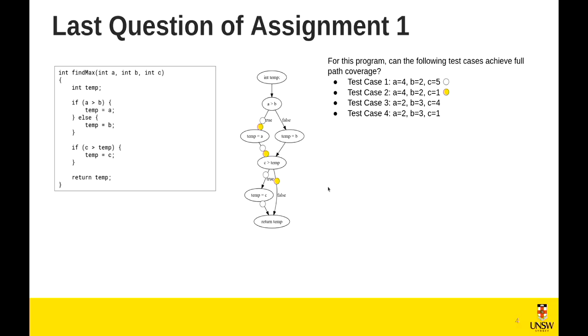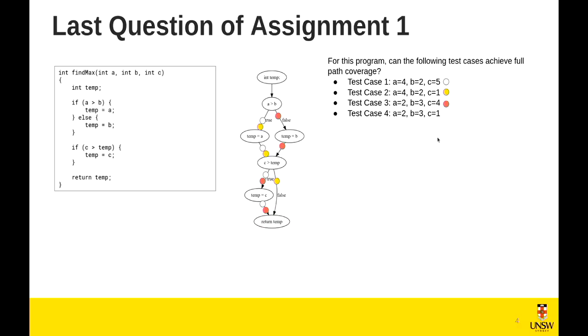For the third test case, A is smaller than B, so we will take the false branch of the first if. Then temp will become the value of B. C is 4, which is larger than 3, so we will take the true branch for the second if condition. This is the third path, covered by the third test case.